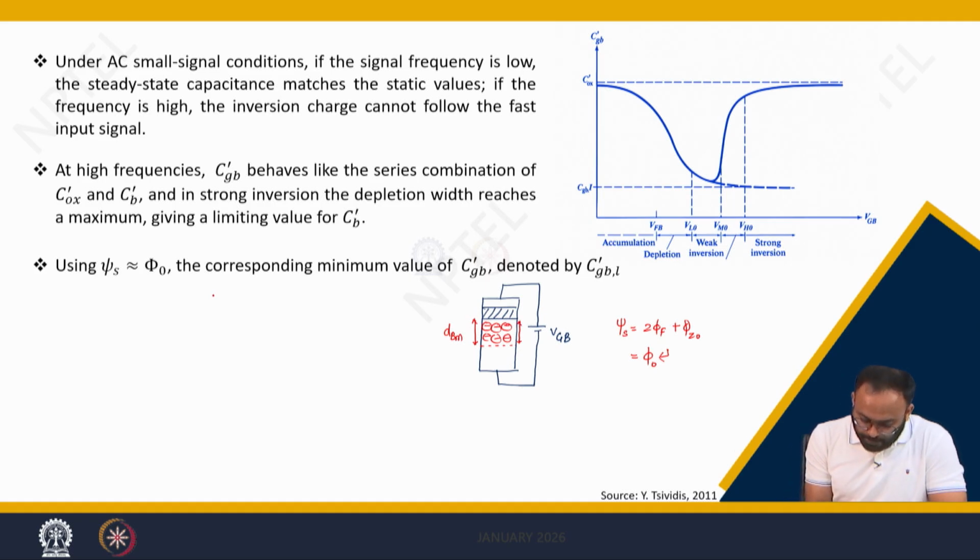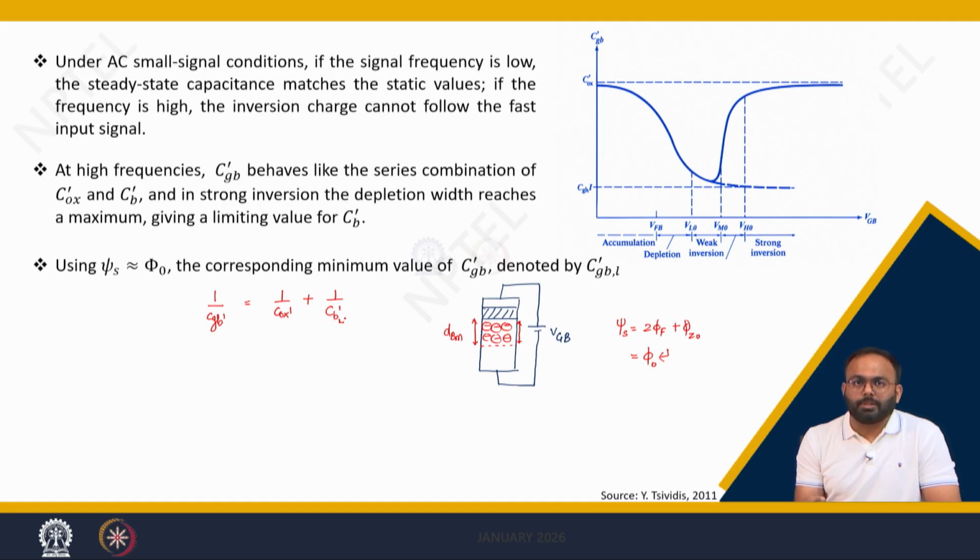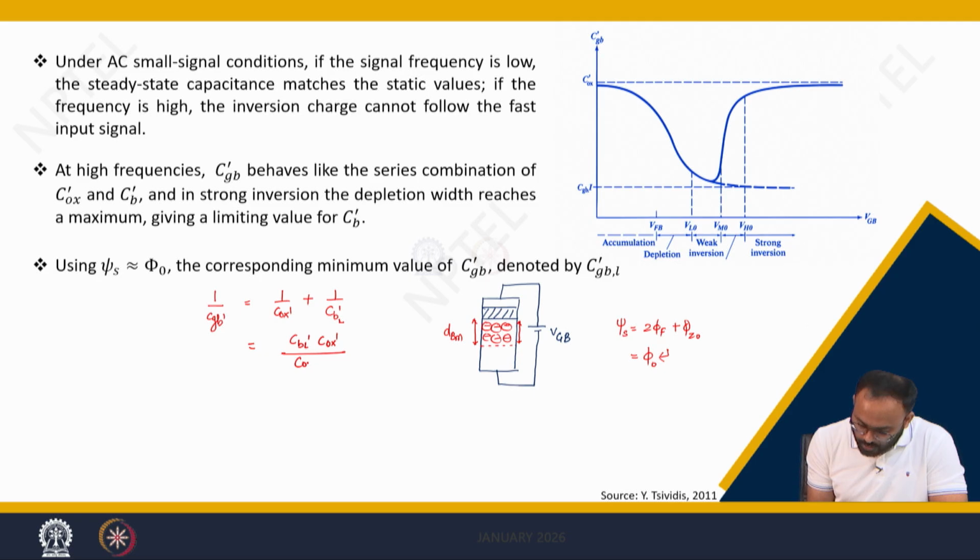So we can simply say 1 over CGB dash equals 1 over COX dash plus 1 over CB dash. For CB dash you can add another subscript L, which says that it is the lowest possible CB dash, corresponding to the maximum depletion thickness. If you solve this, 1 over CGB dash is CBL dash plus COX dash divided by COX dash into CBL dash.